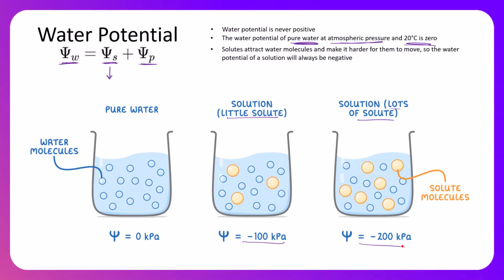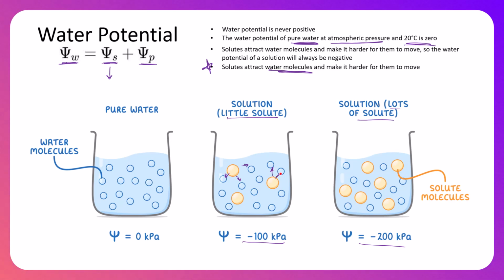So the more hypertonic a solution gets, the lower or the more negative the water potential will be. And just to reiterate that concept, solutes attract water molecules, meaning these solute particles are actually going to attract and link themselves to these water molecules.